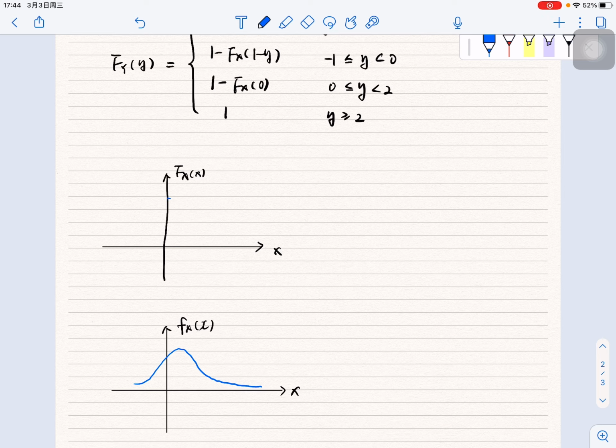And we know the distribution function is the integration of the density function, and it will approach 1. Then we can draw the y function according to the calculation result above.